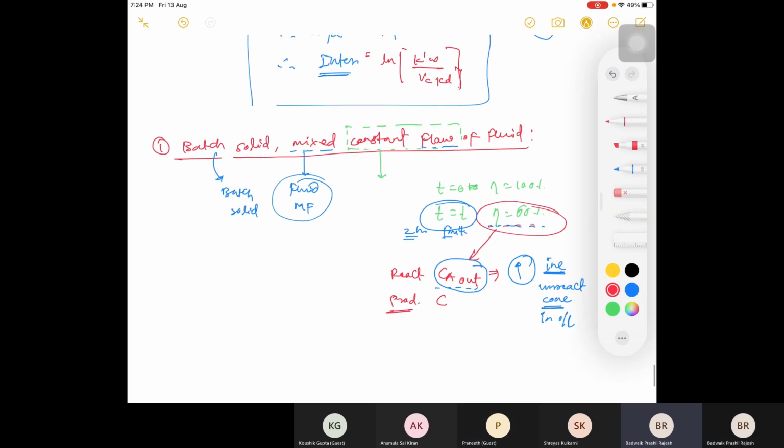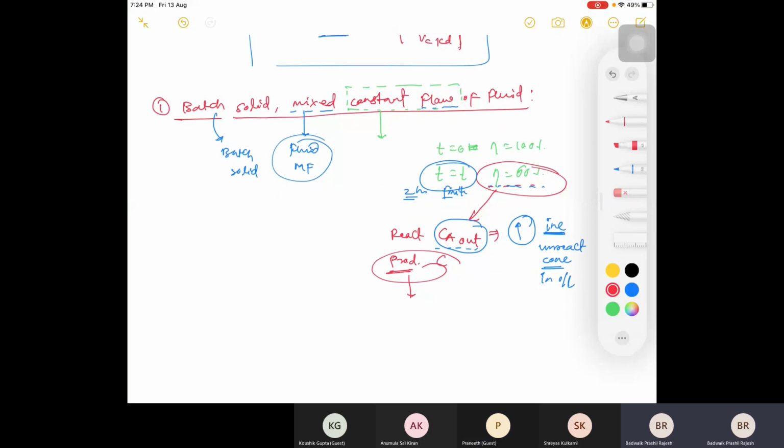Yes, sir. What do I mean by product concentration then? Suppose this is product C, concentration of product at the outlet stream. Because efficiency is 60%, product concentration will be lower compared to 100% efficiency, right? So I'm writing, product concentration decreases at exit or at outlet.